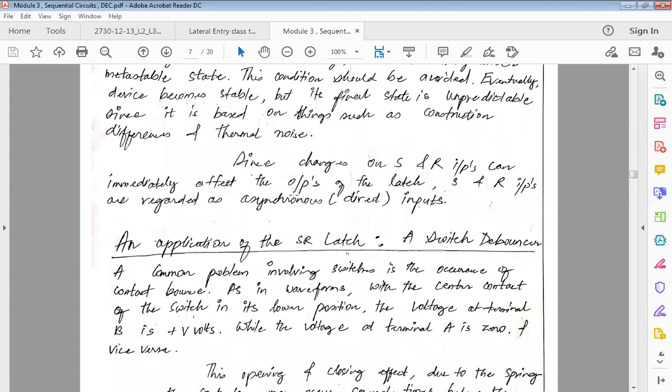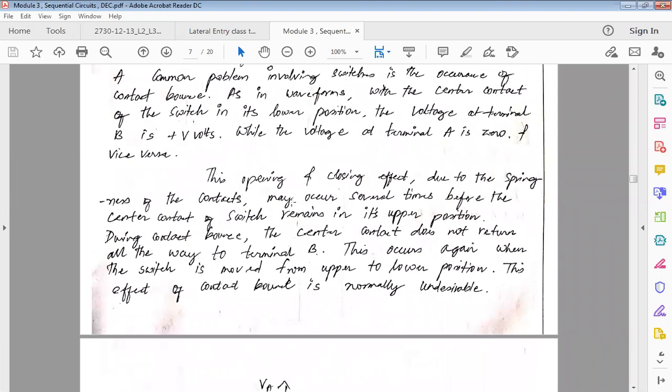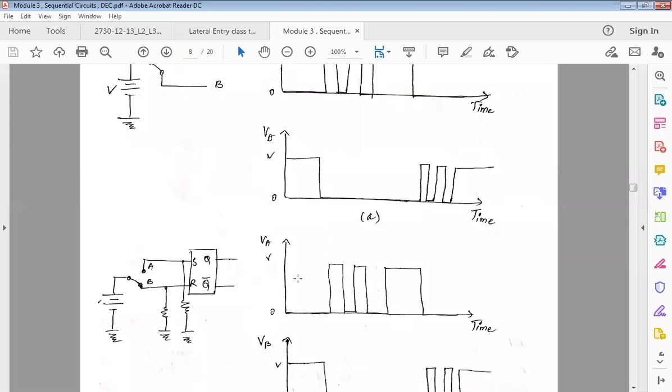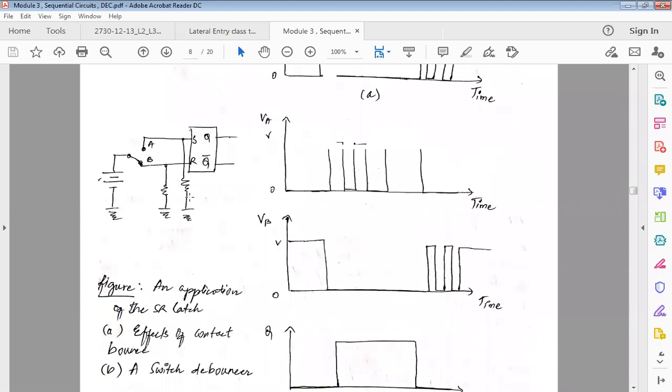So I hope all of you have understood the application of the switch debouncer, right? Any doubts here? No, sir. Okay, fine. So just with an application of this latch, we were able to make values constant, because it can be either a 0 or a 1.